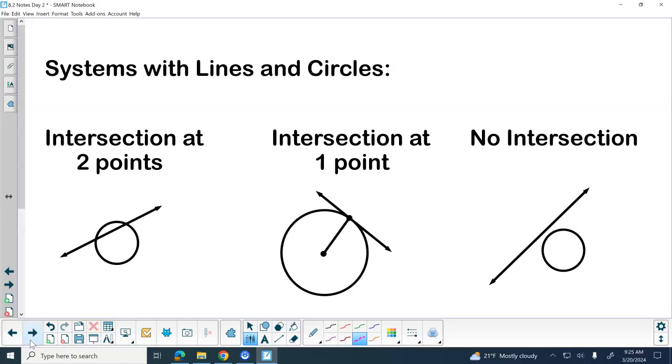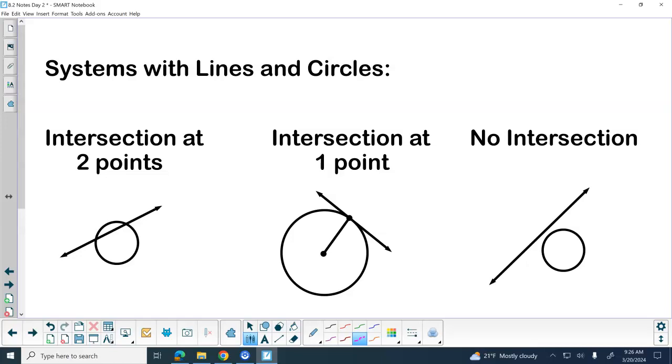So now let's talk about a line intersecting a circle. A line can intersect a circle 3 different ways. First off, it could never intersect the circle. A line could never touch a circle.